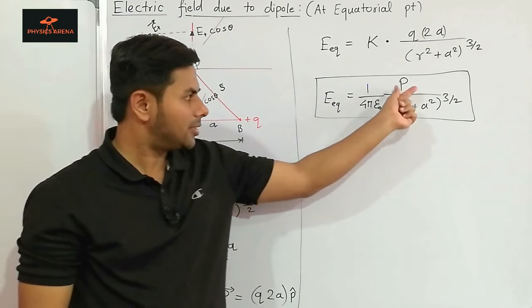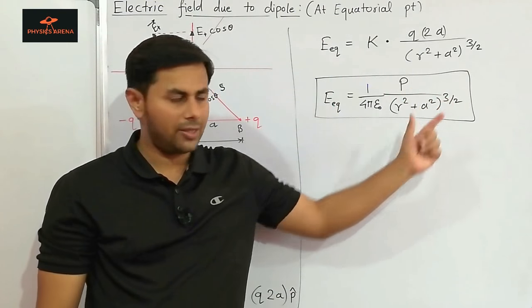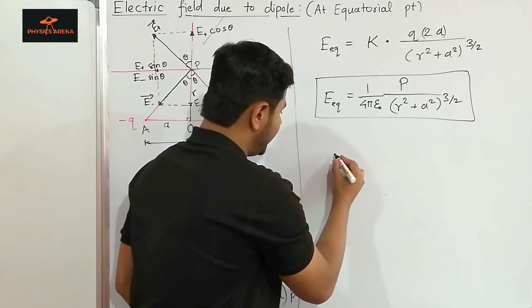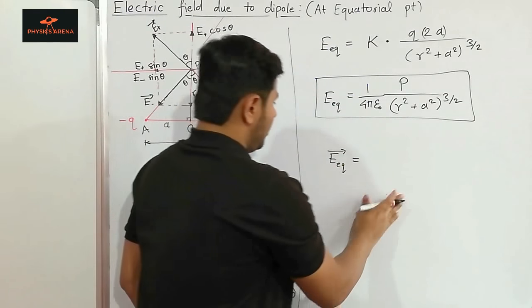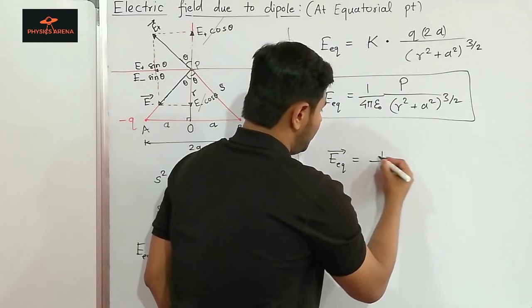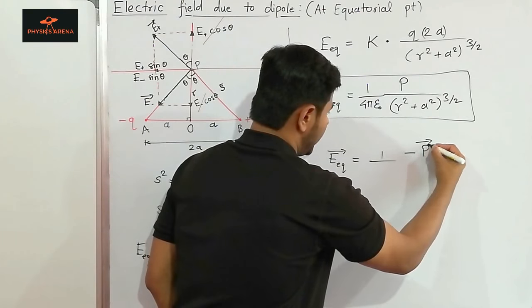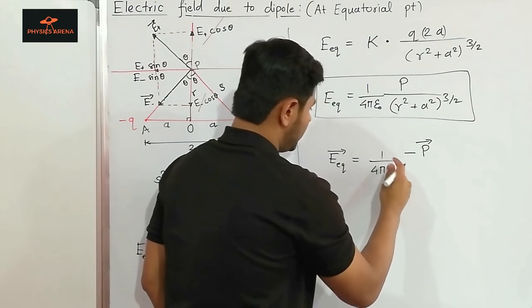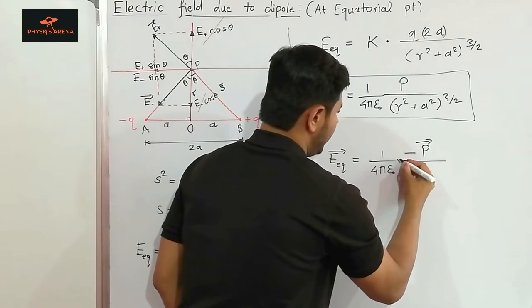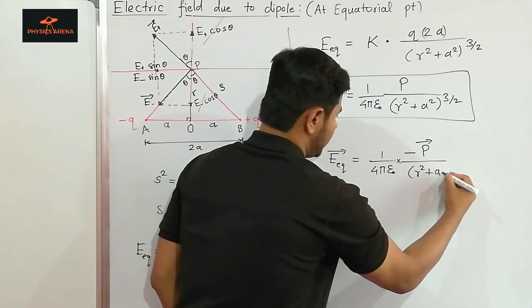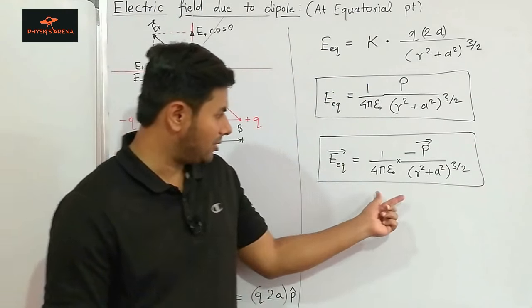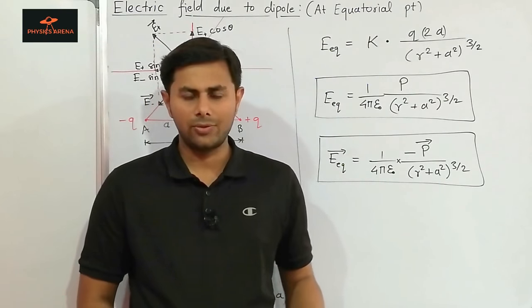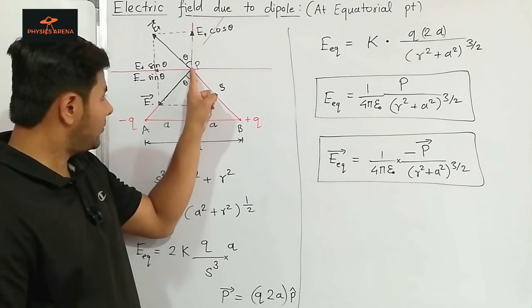E equatorial is opposite to the direction of P, and that's why if I put vectors on both sides, then I will have to put a negative sign over here. This is 1 over 4 pi epsilon naught minus P upon R squared plus A squared raised to 3 by 2. So this is the value of electric field due to a dipole at an equatorial point.